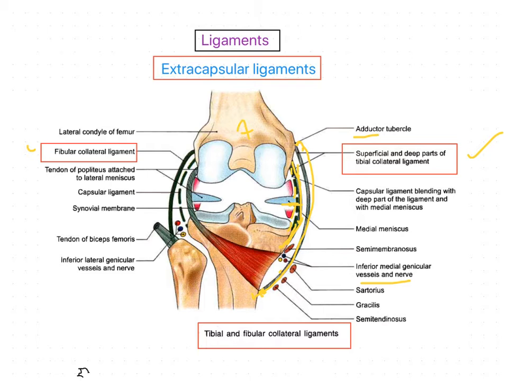The fibular collateral ligament is a round cord-like structure with an attachment above to the lateral epicondyle of the femur and below to the head of the fibula close to the styloid process. So this is about the lateral collateral ligament.